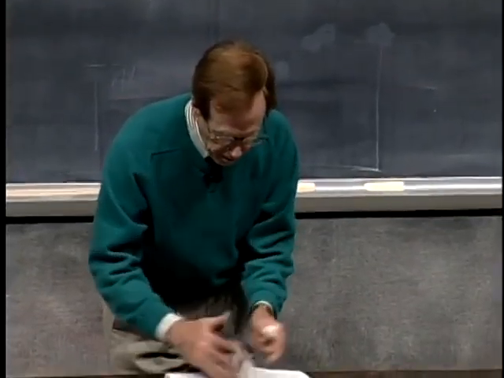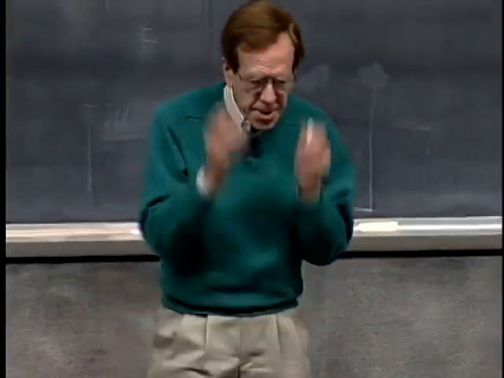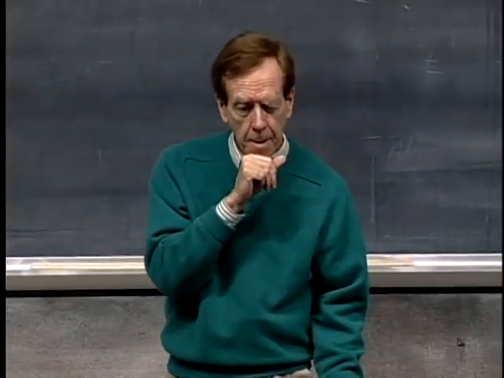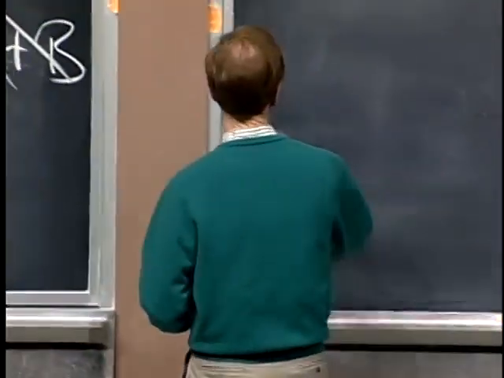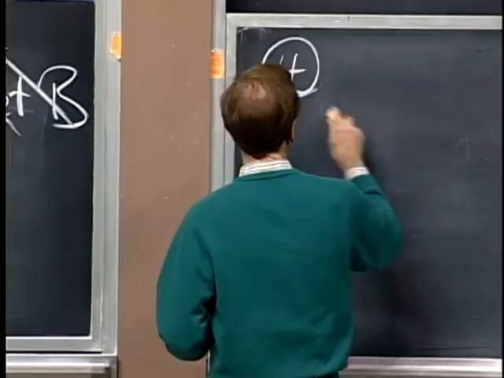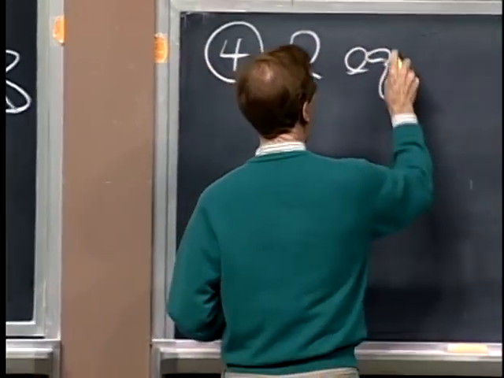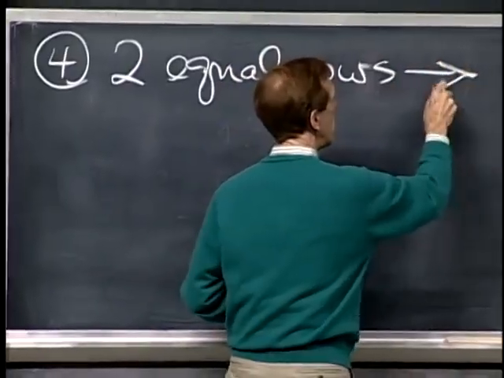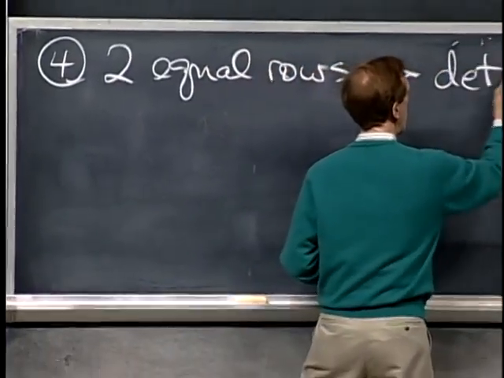Property 4 is if 2 rows are equal, the determinant is 0. Okay, so property 4: 2 equal rows lead to determinant equals 0.